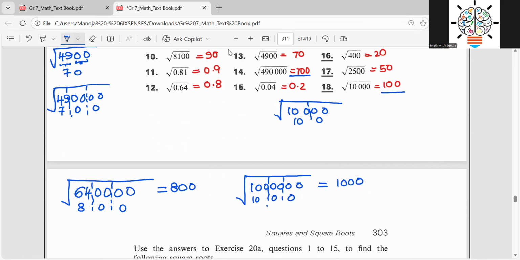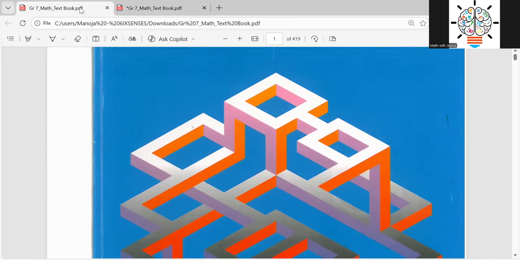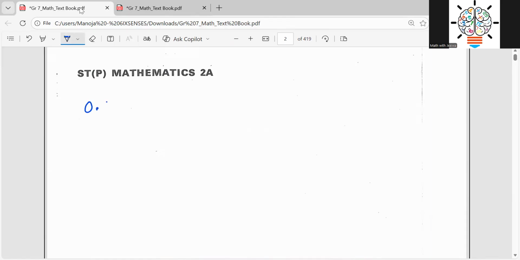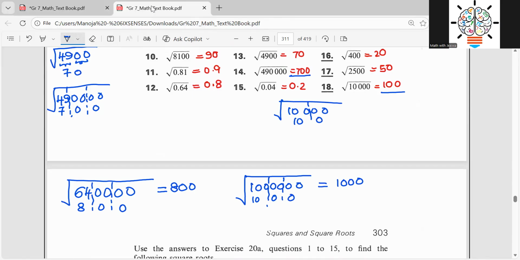Now I'm going to explain what you should do when you have a decimal number. Let's say 0.81. So this is easy. Then the square root, what do you get? You have two decimal places. So then the answer should be with one decimal place. So then how do you get that? 0.81, it is 0.9.